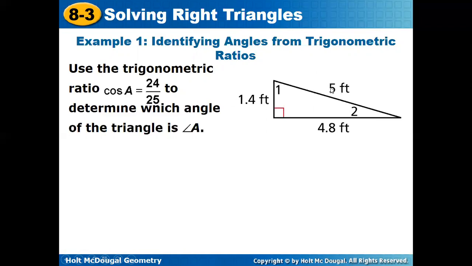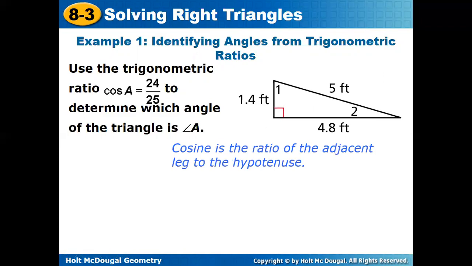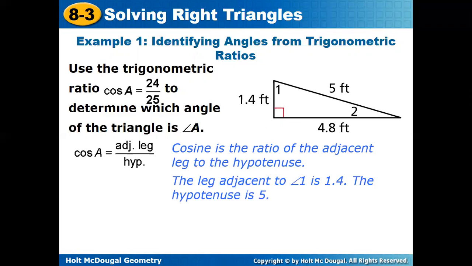24/25. So, to solve this question, we know that cosine is the ratio of the adjacent leg to the hypotenuse from the previous lesson. So, the leg adjacent to angle number 1 is 1.4 feet long, and the hypotenuse is 5 feet.